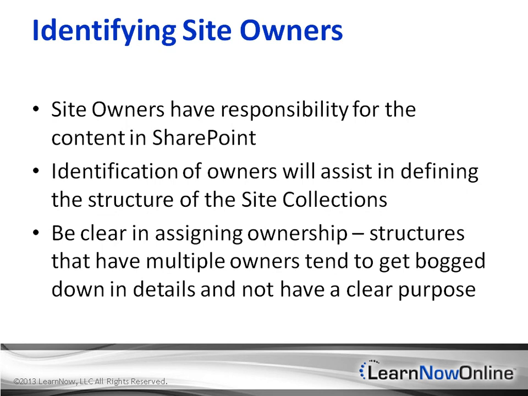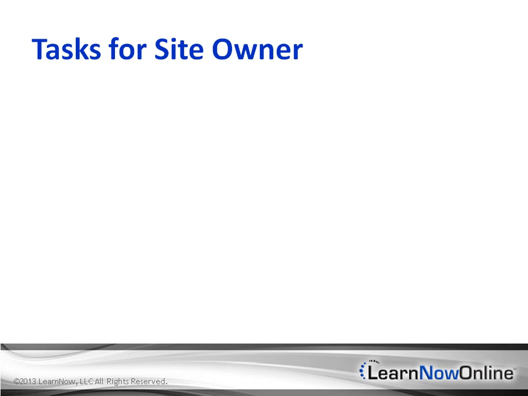You'll have a lot of difficulty with auditing as well, because if you don't know who should have access, then identifying when the wrong people have access or when they don't have enough access, you're going to have challenges with that, just knowing that you've got a problem. So know that you need to look at that, have the ownership, have the people in place to say, yeah, this is your site. So now that we've identified who is there, we'll need to make sure we know what they need to do.